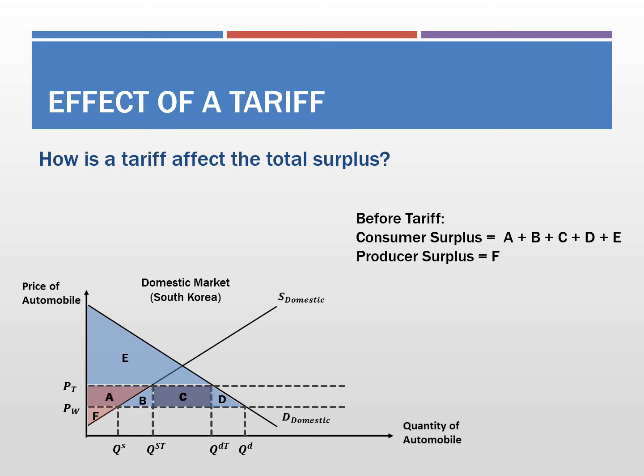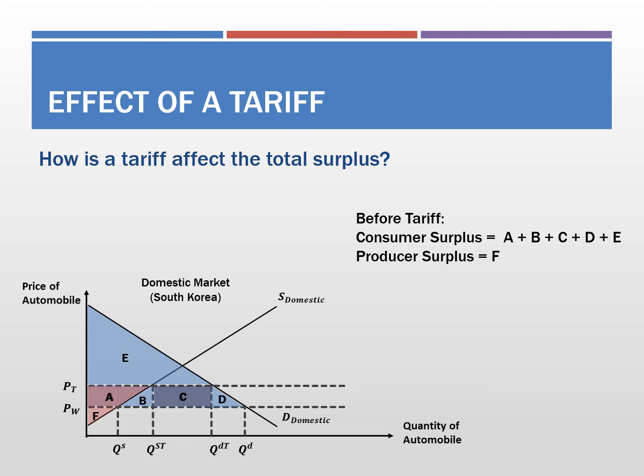In this case, the local producer in South Korea will produce up to QST, which is the domestic quantity supply of cars. However, the domestic buyers will buy up to QDT, which is the domestic quantity demanded for cars in the tariff case. And the gap between the two, we have to think about, well, if the domestic producer only produces 100 cars, but the consumer can buy up to 150 cars, then where is the consumer buying those 50 extra cars when the domestic firm is not producing them?